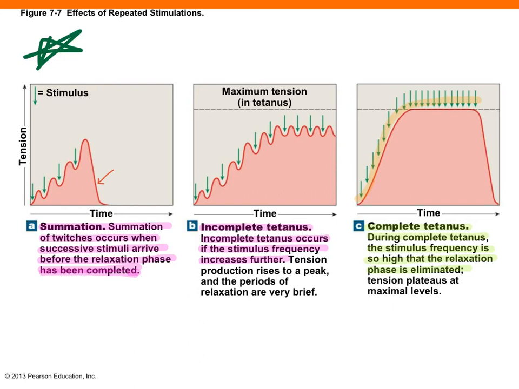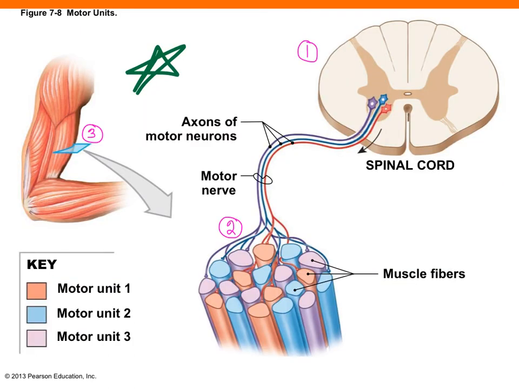This shows you summation where there's contraction, relaxation, contraction, relaxation, contraction, relaxation, building up. You could see incomplete tetanus with a small amount of relaxation, and then complete tetanus has no relaxation. This shows you the process from the spinal cord to the motor nerve to the actual muscle fibers.